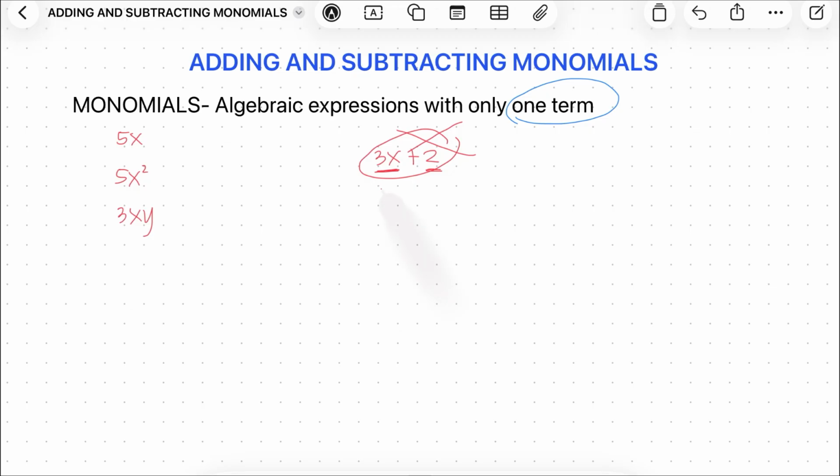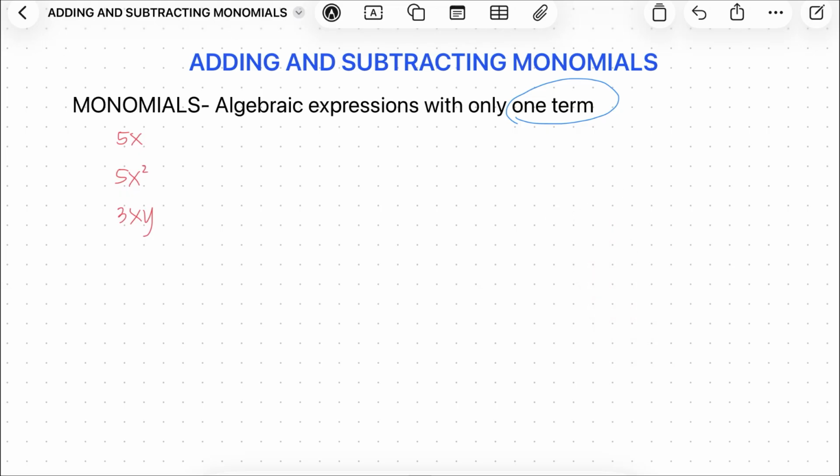Other examples of expressions that are not monomials are 3x plus 2y, or x plus y, or x plus y plus z. Okay, so let's focus on monomials.